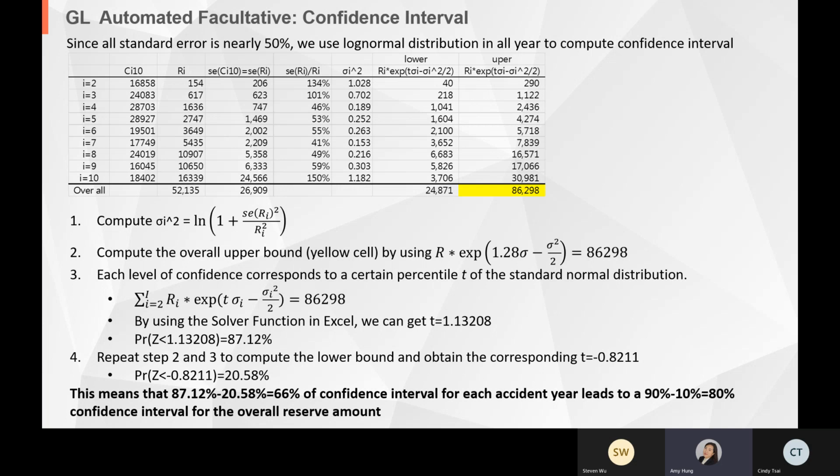Lastly, we need to repeat step 2 and step 3 to compute the lower bound and obtain the corresponding t equal to negative 0.2. This means that a 66% confidence interval for each accident year leads to an 80% confidence interval for the overall reserve amount.